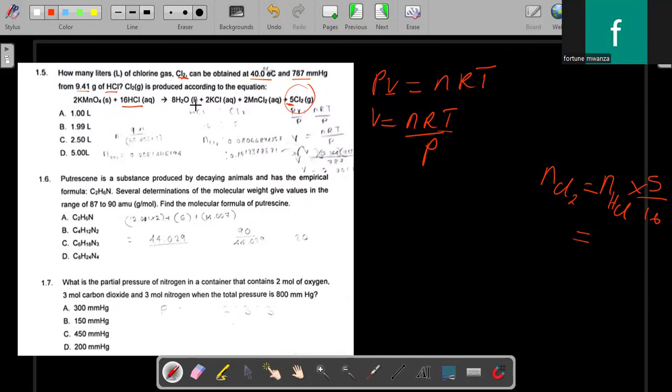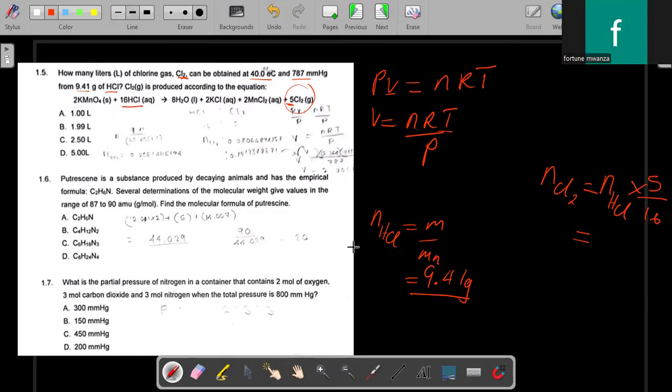So how do we get the number of moles for hydrochloric acid? We've been given the mass. So we simply say number of moles for hydrochloric acid is equal to mass divided by molar mass. The mass there is 9.41 grams, divided by the molar mass for hydrochloric acid.